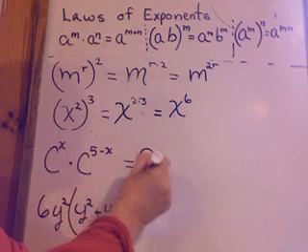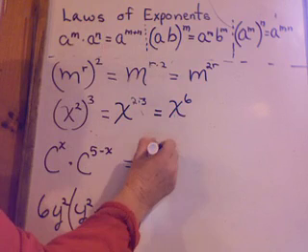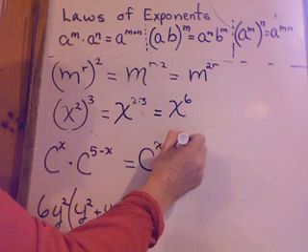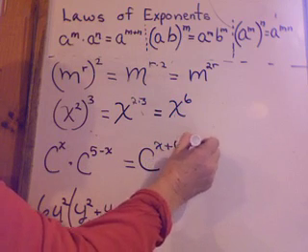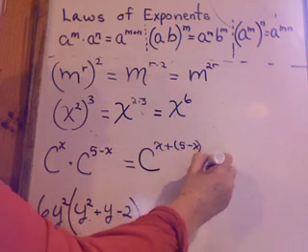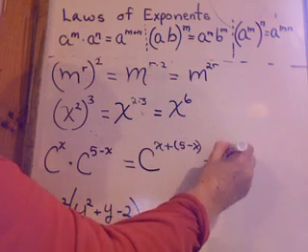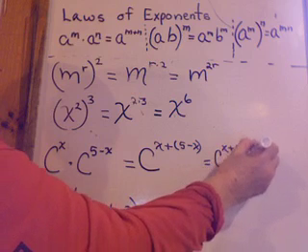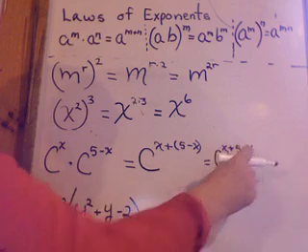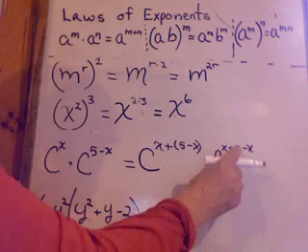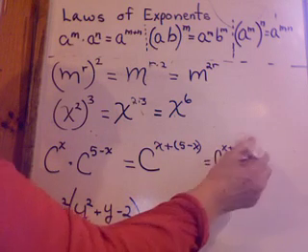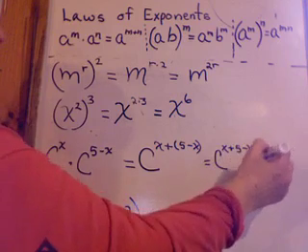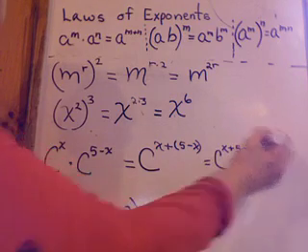So write that base and do x plus the quantity 5 minus x. That's c to the x plus 5 minus x. What's x and minus x? 0. What's 0 plus 5? 5. So that one's c to the 5th.